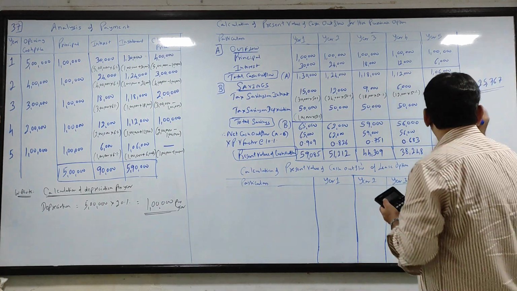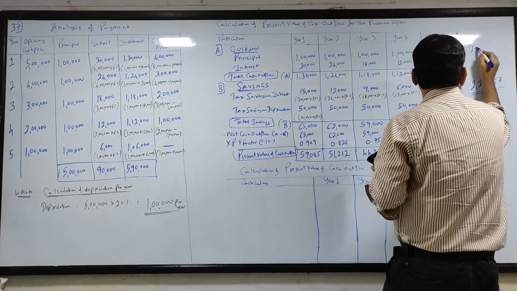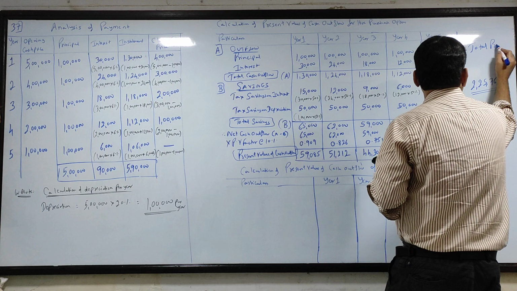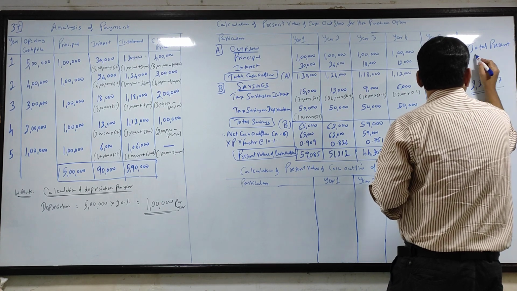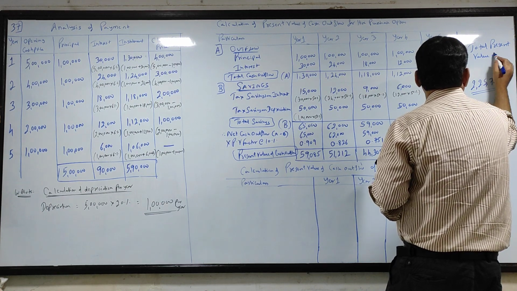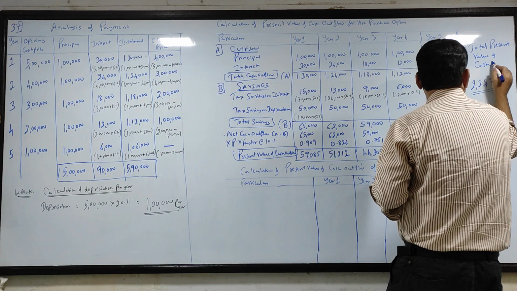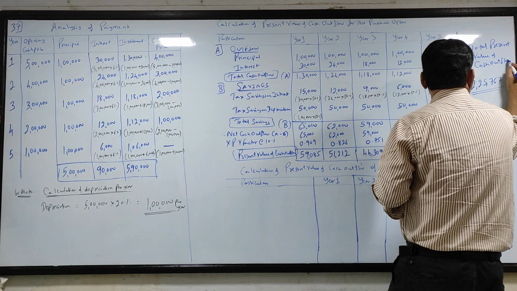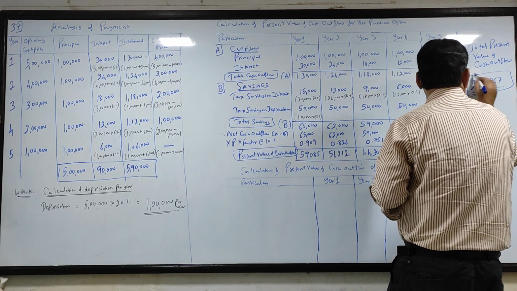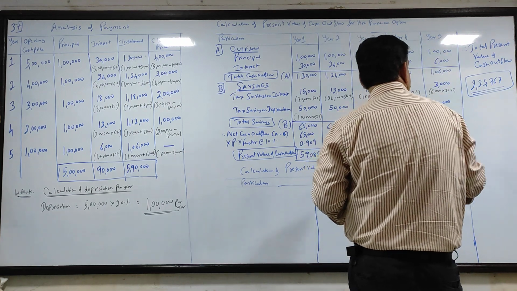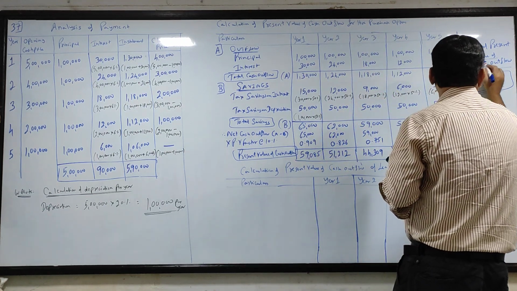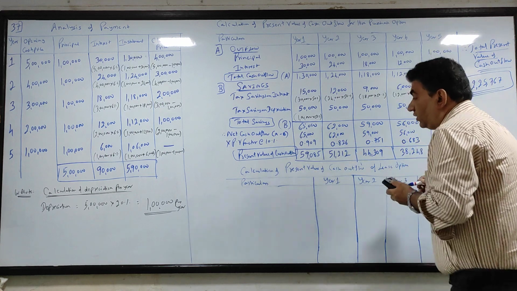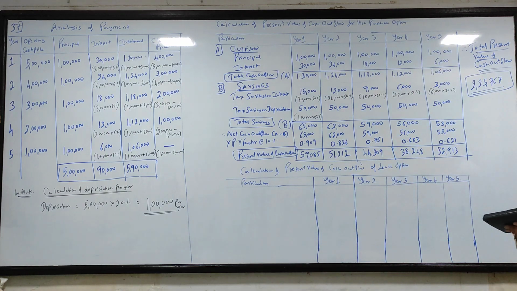225,767 is my total present value of cash out. Getting it?